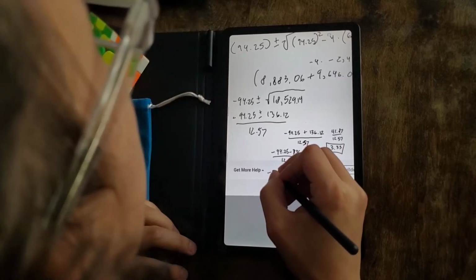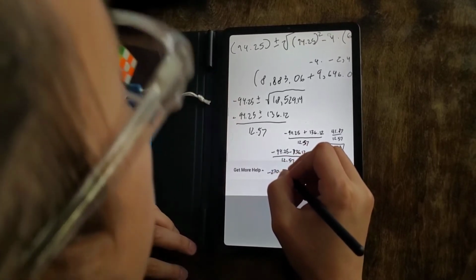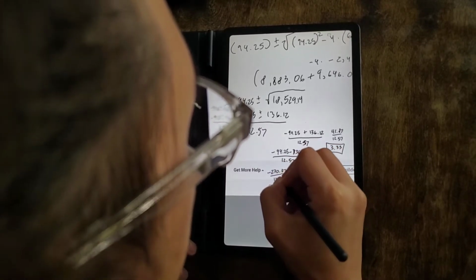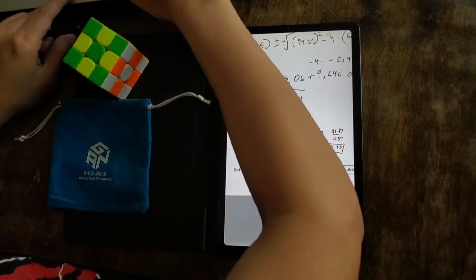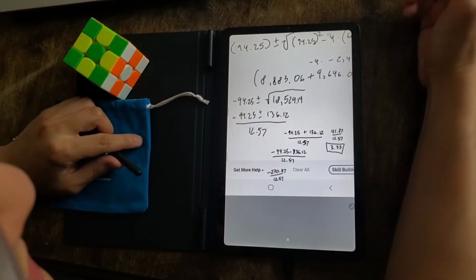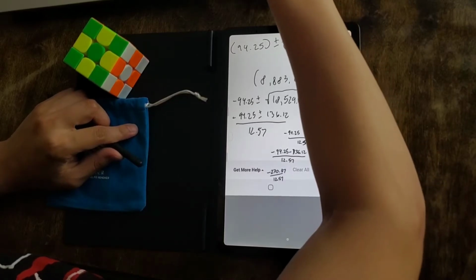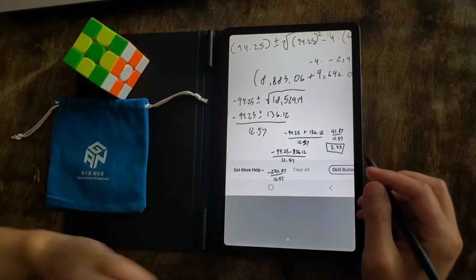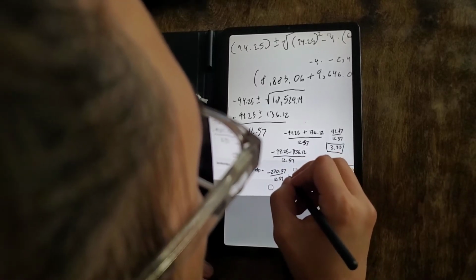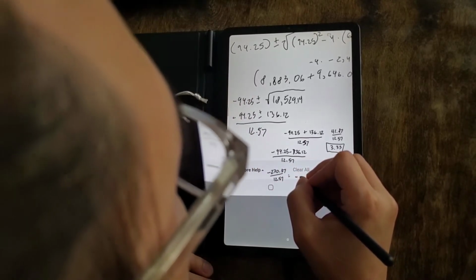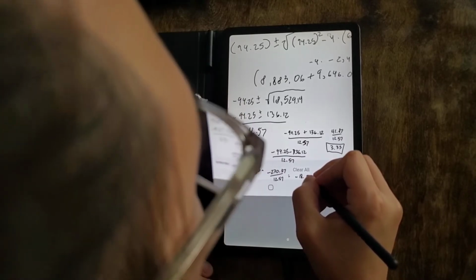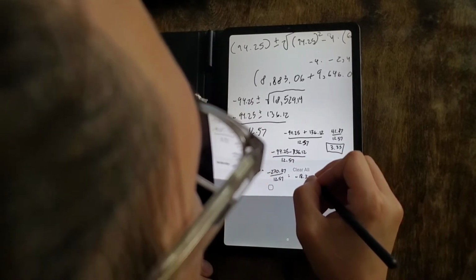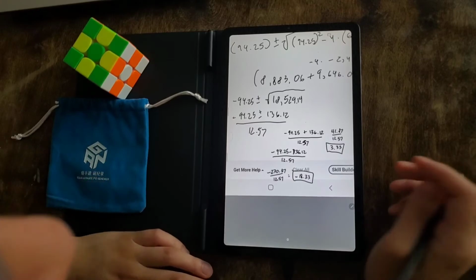And we have negative 230.37 over 12.57. Now we're going to divide 230.37 by 12.57. And our answer is going to be negative 18.33 rounded to the nearest hundredth.